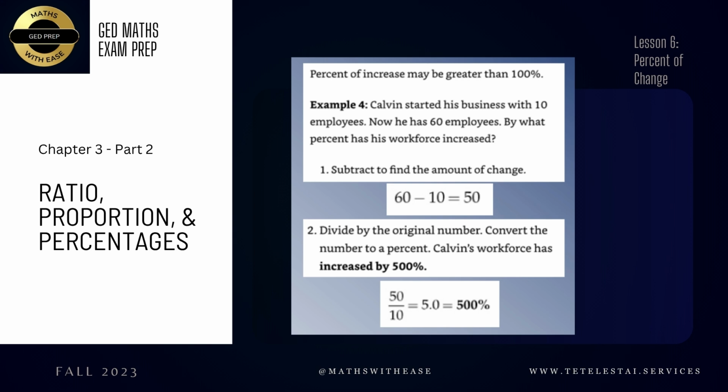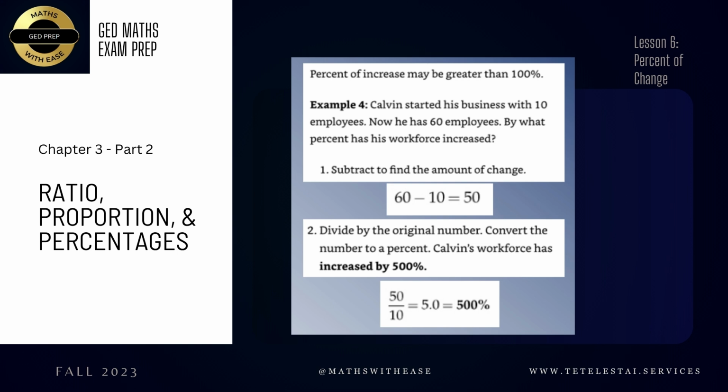So percent of increase can be greater than 100%. For example, Calvin started his business with 10 employees, and now he has 60 employees, and we're being asked to find by what percentage his workforce increased. Well, we would start by subtracting to find the amount of change.